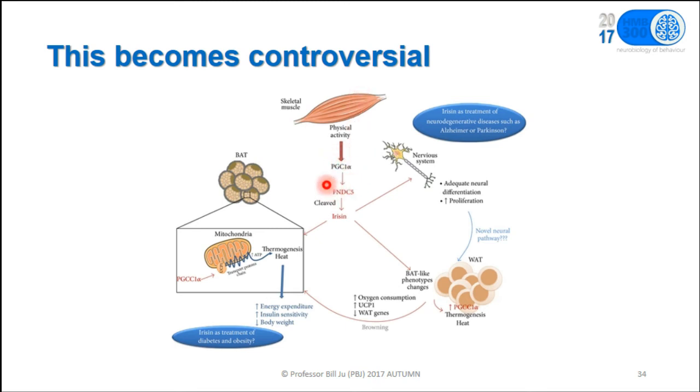The skeletal muscle in turn will start producing more FNDC5, and more FNDC5 means that you can cleave more irisin, and irisin, as I've shown you before, can convert white adipose tissue into this brown adipose tissue that you see here, making the mitochondria much more energetically favorable to be able to use more insulin, to regulate body weight, etc. Irisin can also work directly on neurons, and it can cause them to increase proliferation, it can increase neurogenesis, a whole bunch of things. So here's this molecule that seems to answer all the questions that we needed to have addressed.